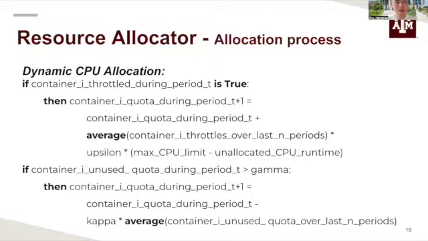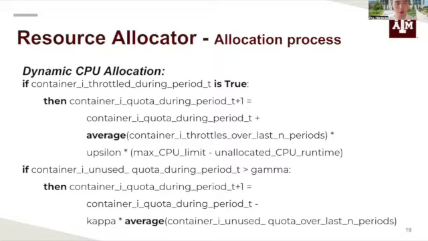For dynamic CPU allocation, first the resource allocator will check whether the container was throttled during the last period T. If it was, then for the next period, T plus one, we need more CPU allocated to it.